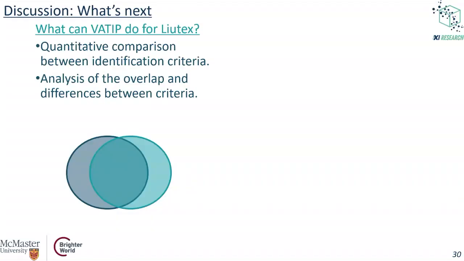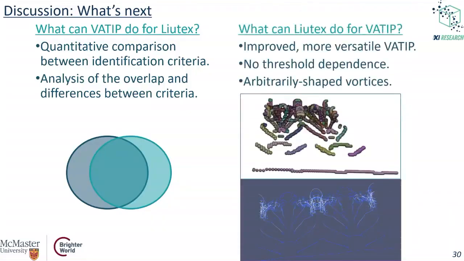And you can very exactly and quantitatively study the difference between the two. So we have a very clear picture about which vortices are consistently missed by, let's say, second-generation criteria, but are caught by VTIP.